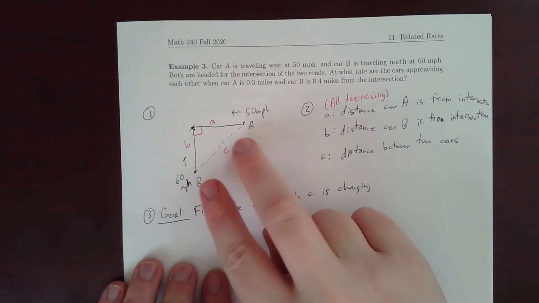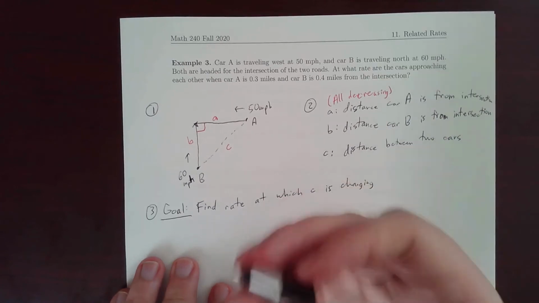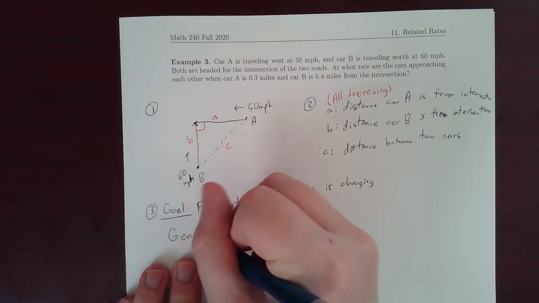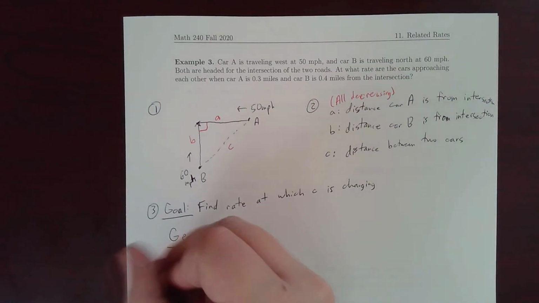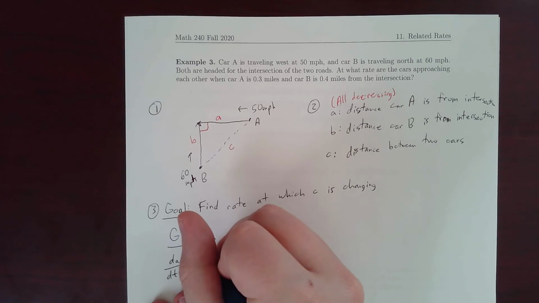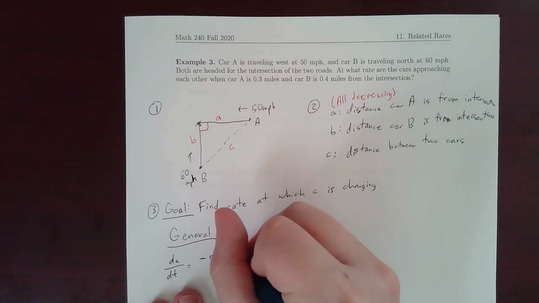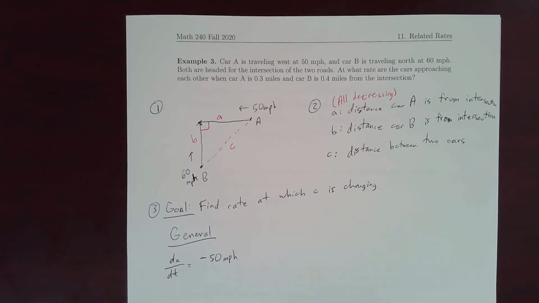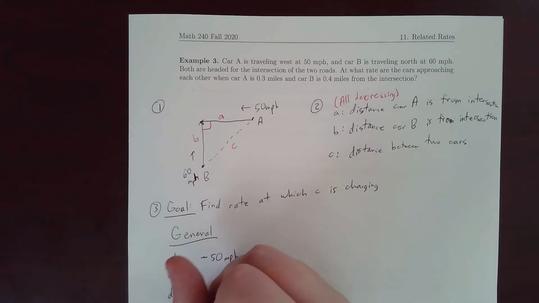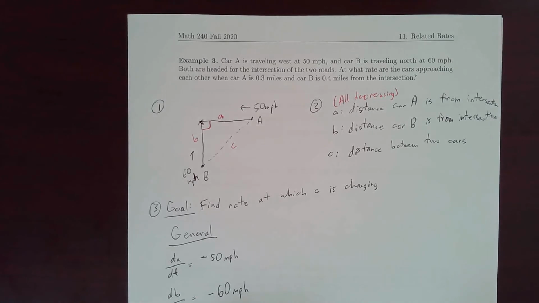So if we're getting closer to the intersection, these 50 and 60 miles per hour should be negative. So in general, we know that da/dt is negative 50 miles per hour, and db/dt is negative 60 miles per hour.